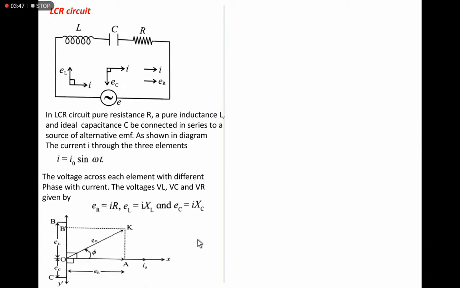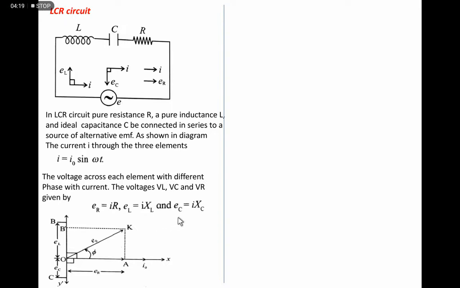Now the phasor diagram. We know that in a resistive circuit the current and the EMF are in phase, and it is along the x-axis. In inductance, the EMF is leading by pi by 2 with respect to the current, it is along OB.